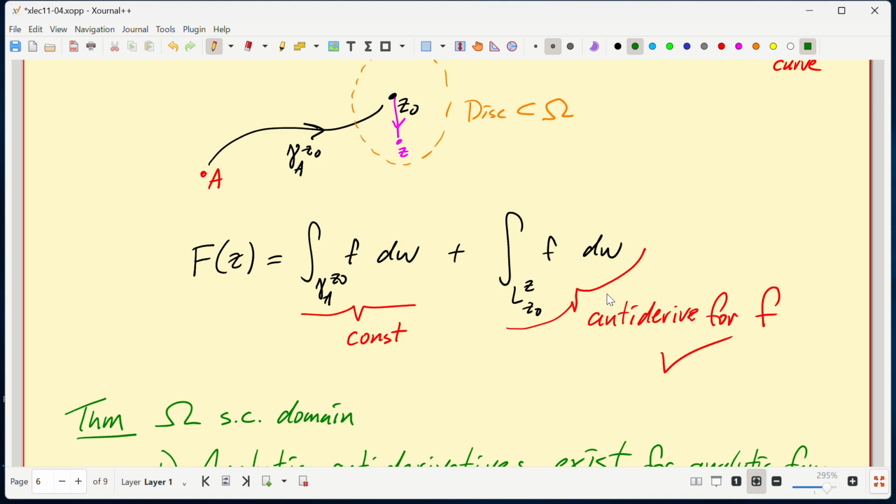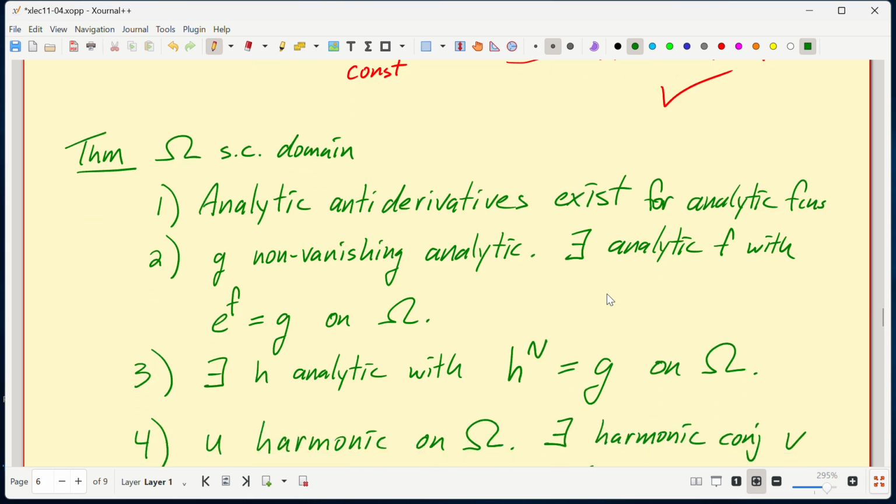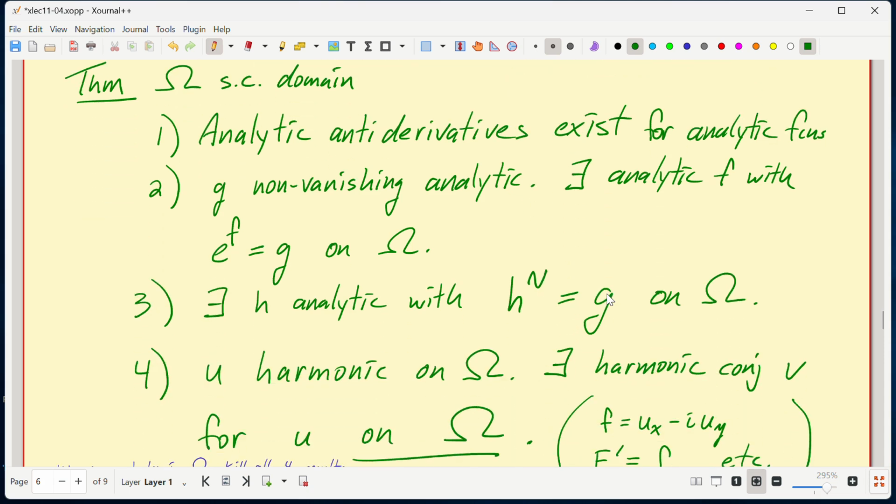So, I'll write down the theorem here. Same proof I gave in the convex case now works for analytic antiderivatives on a simply connected domain. We can cook up analytic log functions. If G is non-vanishing and analytic on the domain, then there's an analytic f so that e to the f equals G. The feeling is that's like a branch of the log function, log of G, an analytic branch.